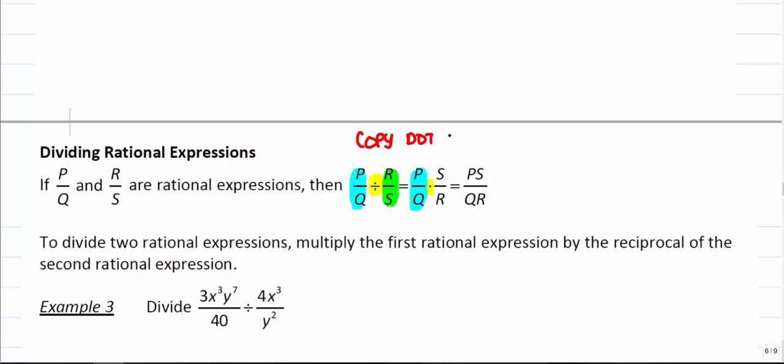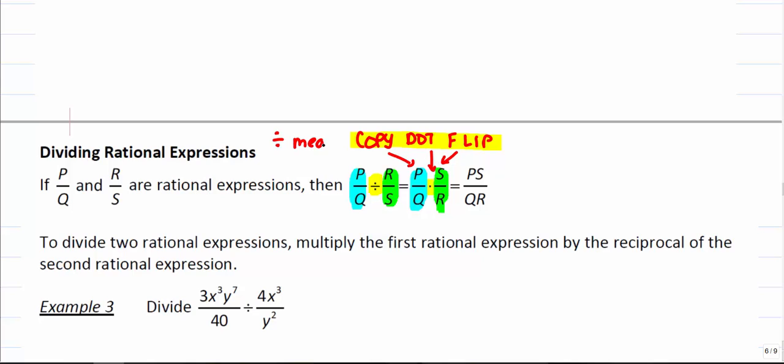So what you do is a process called copy dot flip. When you see division, you are going to multiply the first fraction by what's called the reciprocal of the second fraction. So copy dot flip.